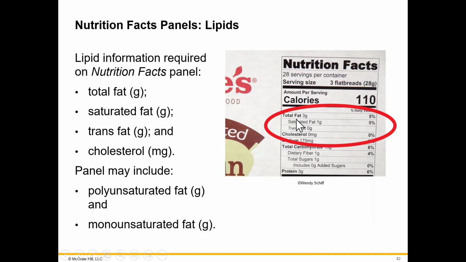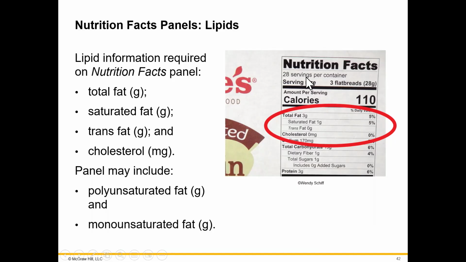Right above that, you're going to find total fats, and that is broken down into saturated fat and trans fat. You will often see even further breakdown if the food contains polyunsaturated or monounsaturated fats and cholesterol, that will also be listed.